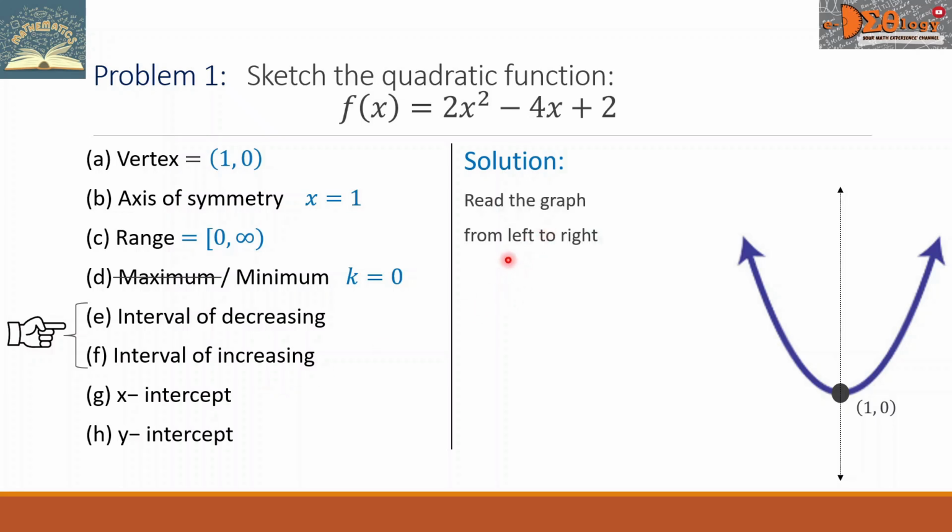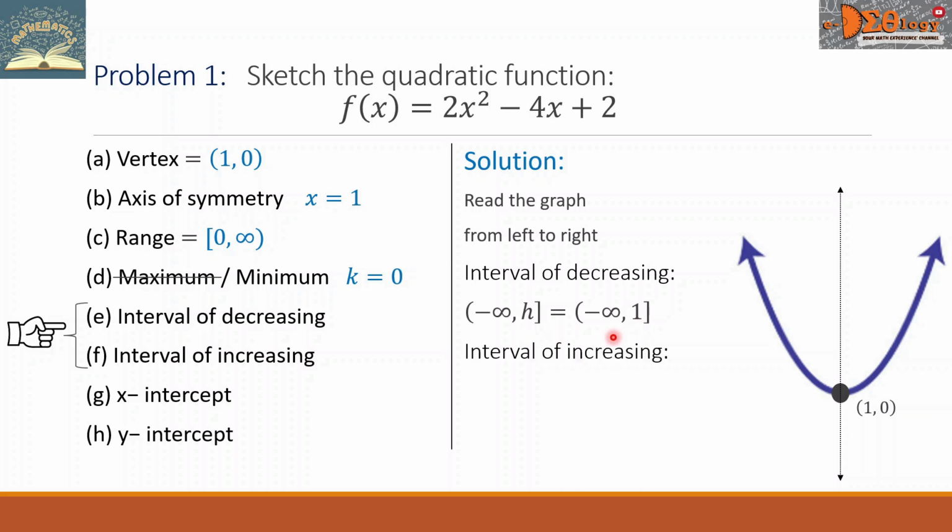Let us read the graph from left to right. When we say interval of decreasing, where is the interval where the graph goes down? That is from negative infinity up to h. We got the h already. So interval of decreasing is from negative infinity to 1.